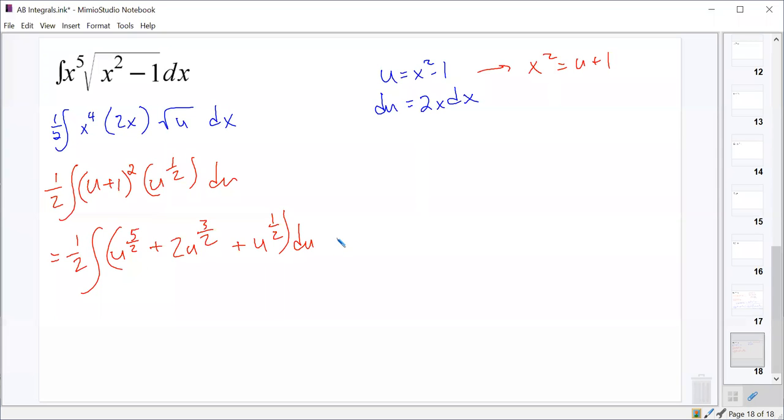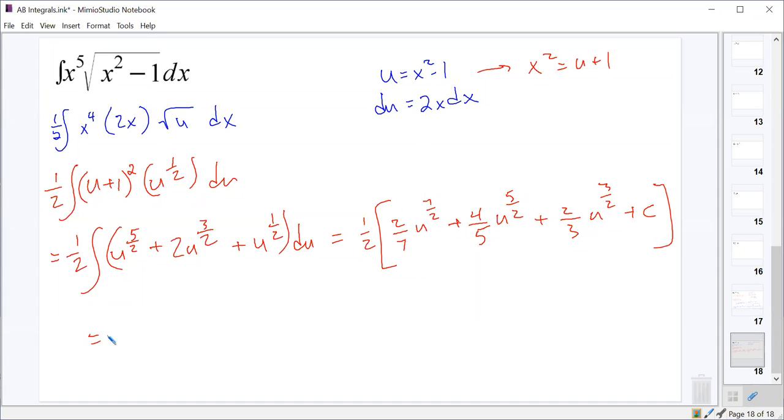Good. All right, so integrate 1/2 of 2/7 u to the 7/2 plus 4/5 u to the 5/2 plus 2/3 u to the 3/2 plus your constants. I guess I could have written a constant inside of there since I didn't distribute the 1/2 through first.